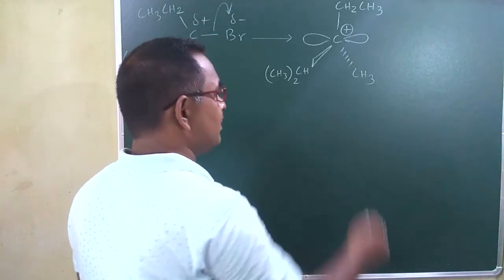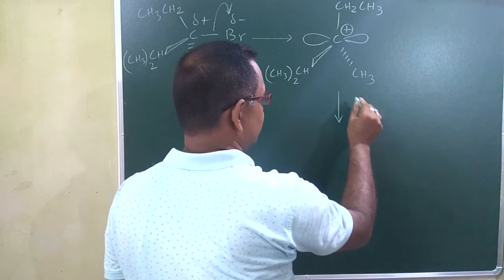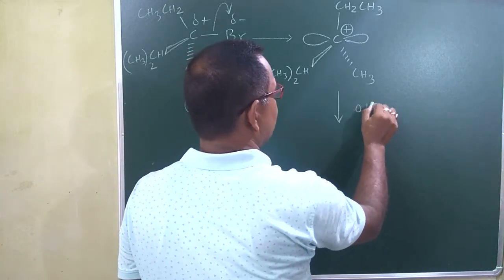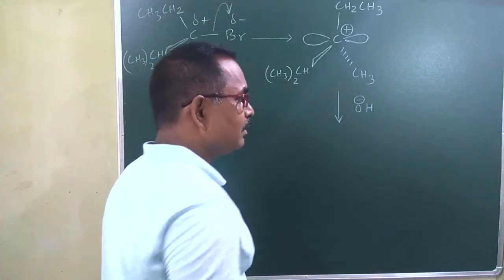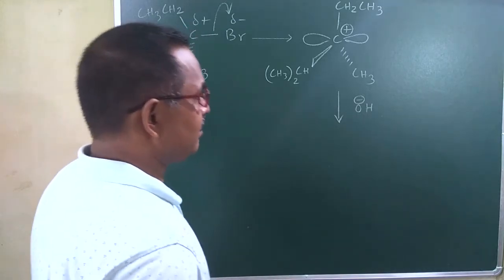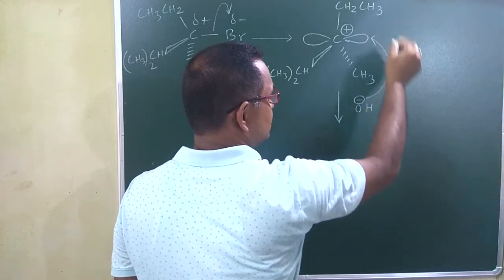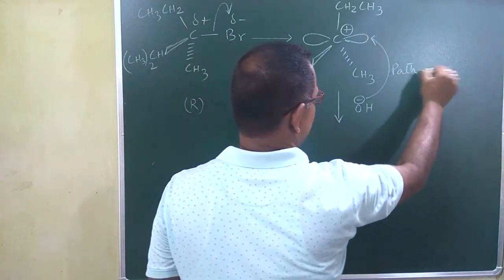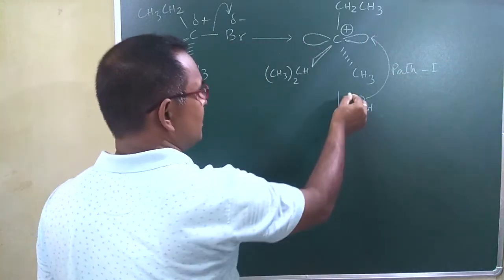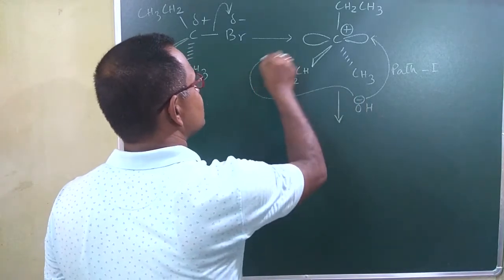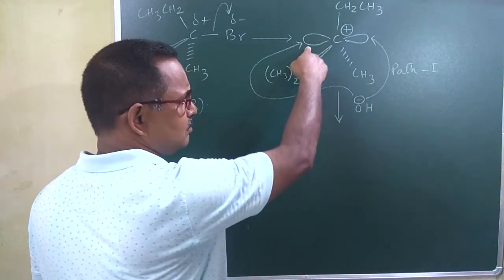Now in the second step, what will happen? There will be attack by the nucleophile. The nucleophile is suppose hydroxide ion. Hydroxide ion may attack at this lobe. Say this is part 1. Similarly, it is possible for the hydroxide ion to attack at this lobe also.